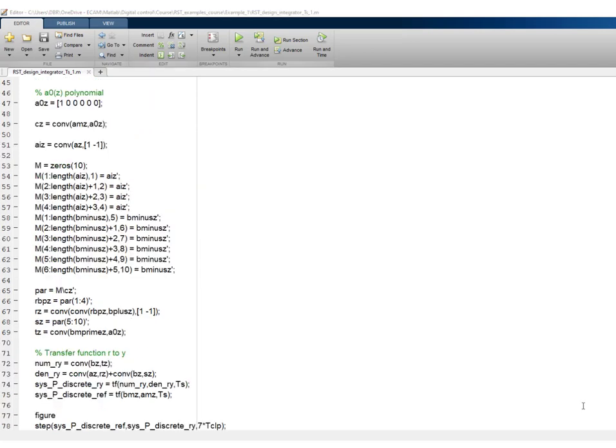The Diophantine equation that we have to solve is A(Z) times (Z minus 1) to the power LC, so 1 here, then R bar prime, so this is going to be a solution of the Diophantine equation, B minus S is equal to AM A0.